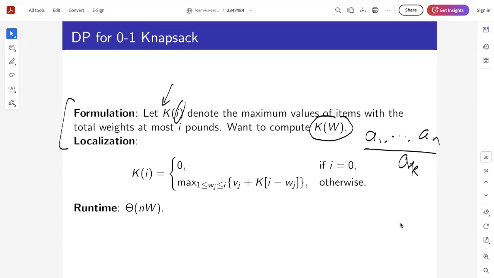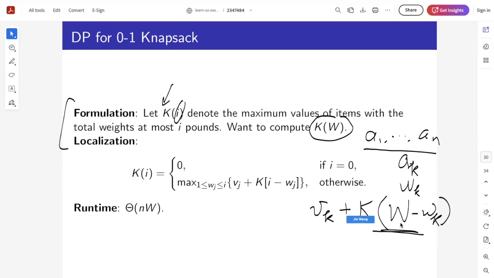Which means that this weighs W_K, and the remaining capacity in the knapsack is capital W minus W_K. Hence, this is a subproblem solution, and then the value here we get is V_K, and this returns some value.